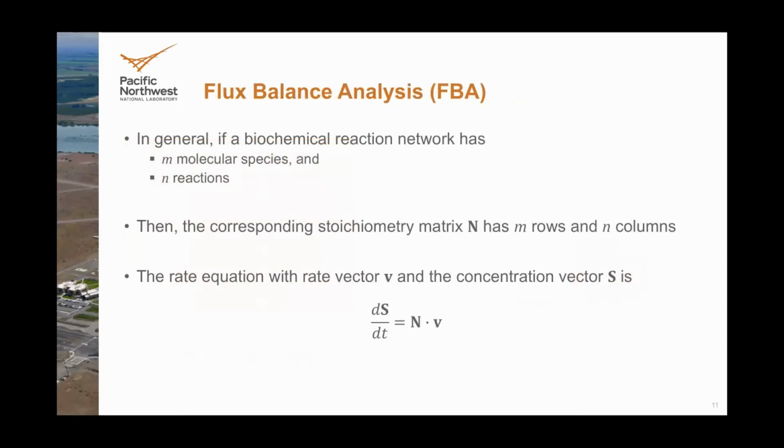So flux balance analysis. I'm going to go through this very quickly because Kuhn gave a great introduction. In general, if you've got M species and N reactions, you have an M by N matrix, and I'm using the capital N syntax from the literature. Then you can compose your rate equation, which combines that matrix with the rate vector and also the concentration vector. Taking the rates of change with respect to the time variable t, we get the flux variable vector.